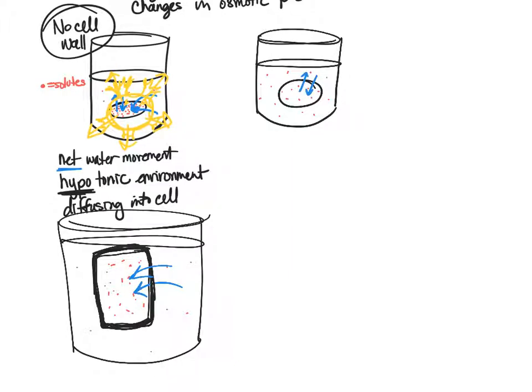So you can kind of tell that the amount of solutes inside of the cell are about equal to the amount of solutes outside of the cell. So recall what this one is called. This is isotonic environment. So in this case, iso meaning the same. So the same tonicity inside and out of the cell. So we have about the same amount of solutes, the same amount of pressure. So again, what we have is water movement across the plasma membrane, but it's going in and out at fairly equal rates. So there's not really a net movement in or out of the cell.